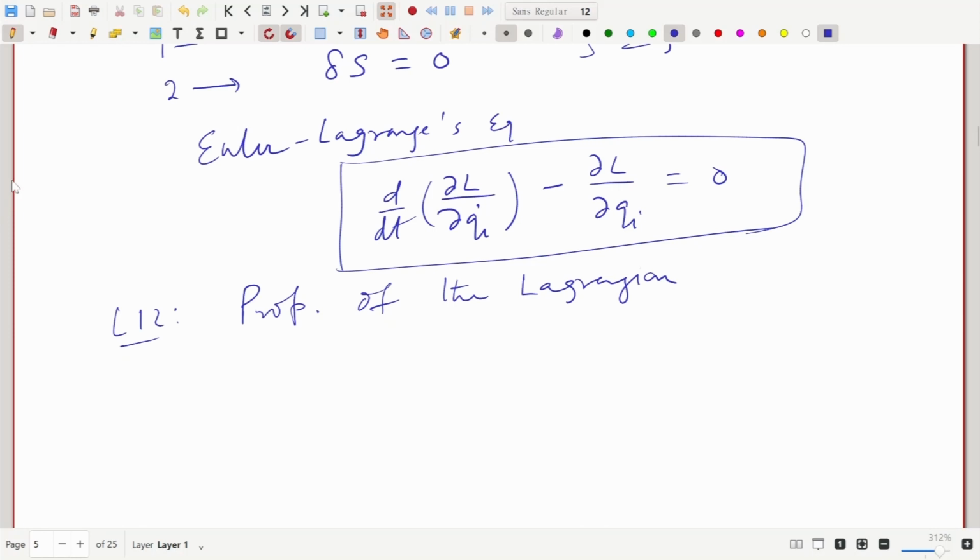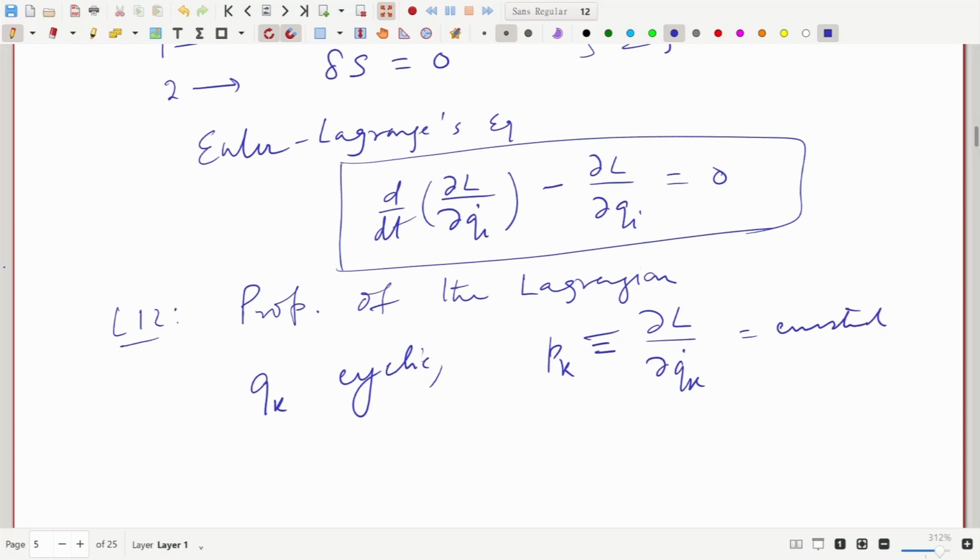The fourth property we learned is the cyclic coordinate. If a Lagrangian does not depend on a particular generalized coordinate, then it is called a cyclic coordinate. It is very important to find cyclic coordinates, because for each cyclic coordinate we can always find a conserved quantity. If q_k is cyclic, then p_k, the momentum conjugate to q_k, defined by ∂L/∂q̇_k, is conserved.